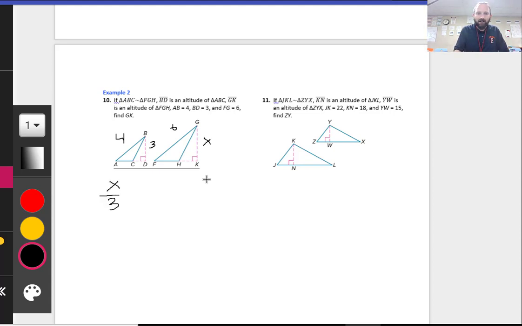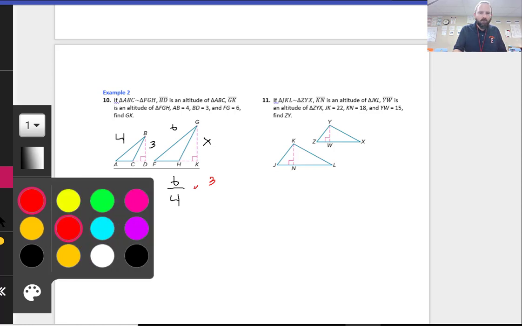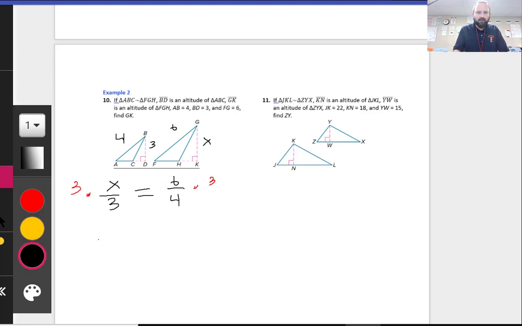I'm going to compare the altitudes, is equal to 6 over 4. So all I have to do is divide 6 by 4 and then times it by 3. So I use my calculator. 6 divided by 4 is 1.5, times 3 is 4.5. So GK should equal 4.5.